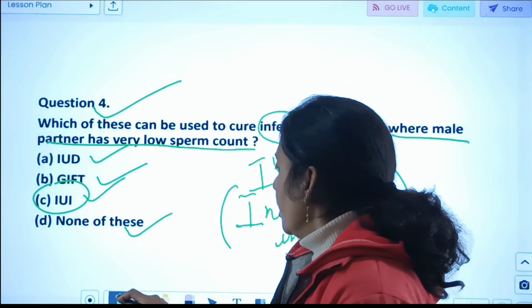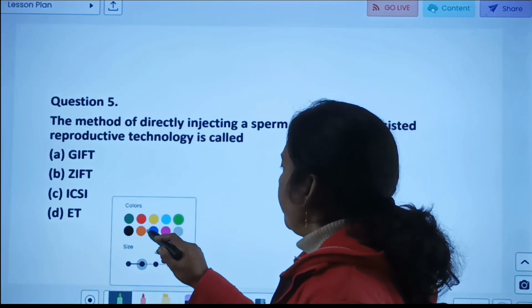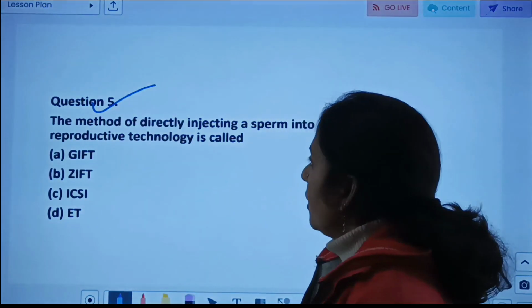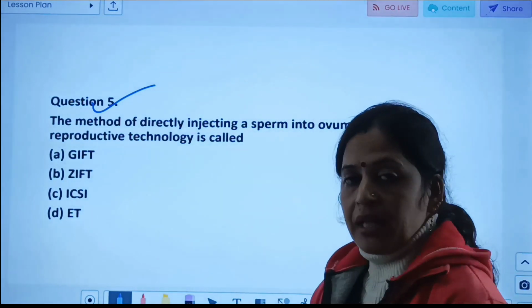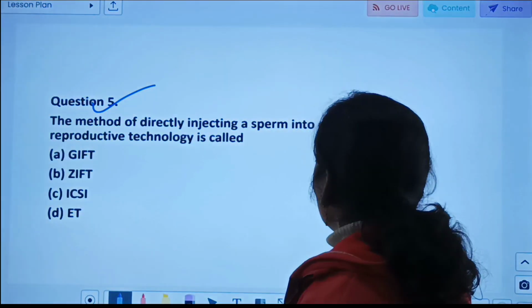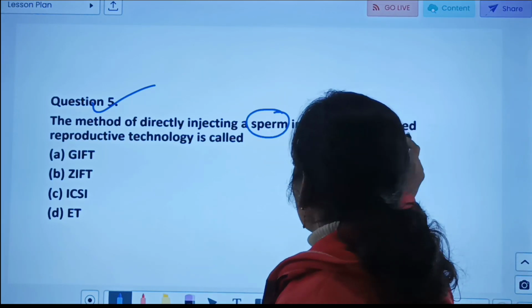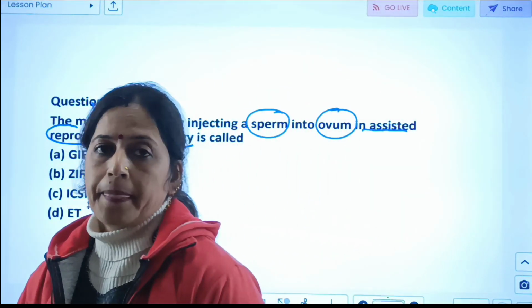Now shift to the question number 5. And your question number 5 is the method of directly injecting a sperm into ovum. The method of directly injecting sperm into the ovum in assisted reproductive technology is called as.